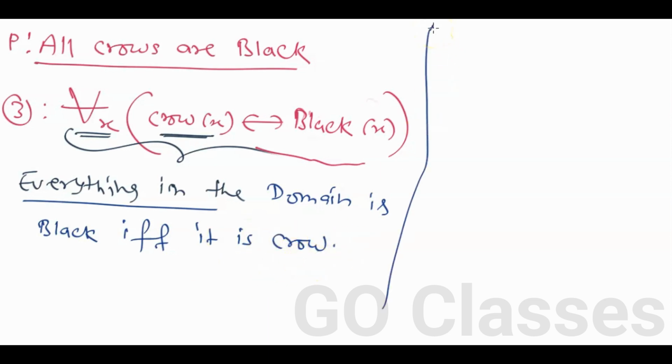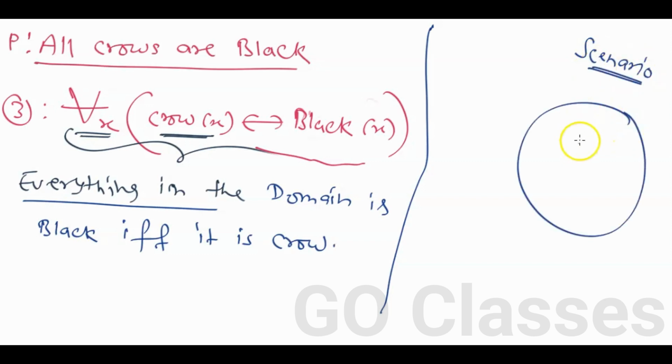Again let me give you a scenario where this English statement and this expression will have different truth values. So consider a scenario where this is your domain and these are the crows A, B, C, and let's assume you have D, E, F. They are not crows.